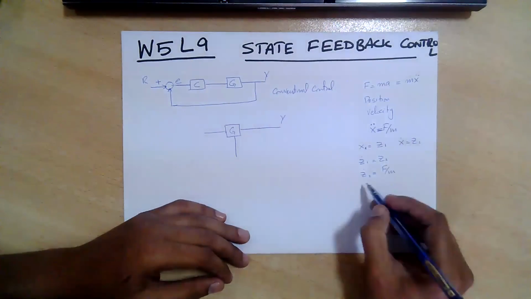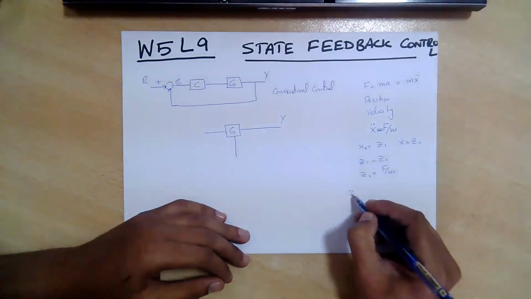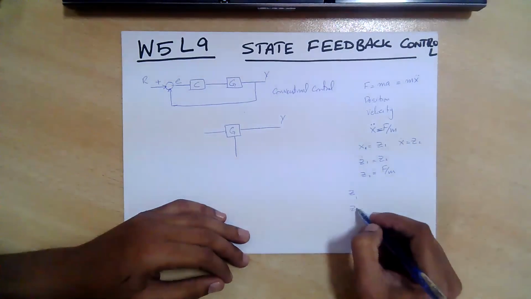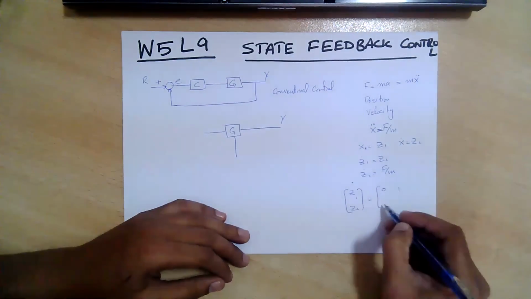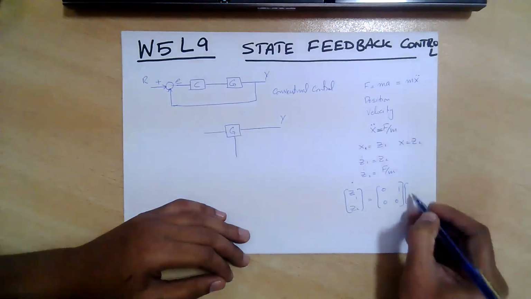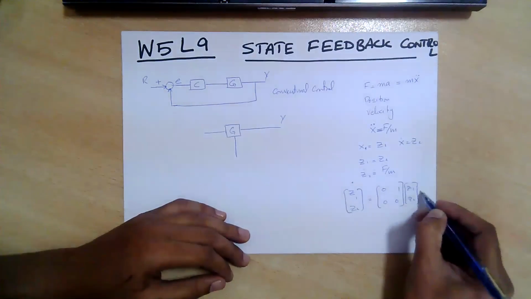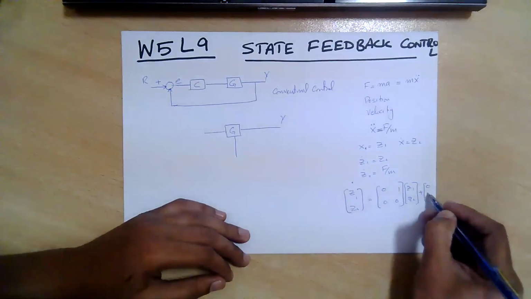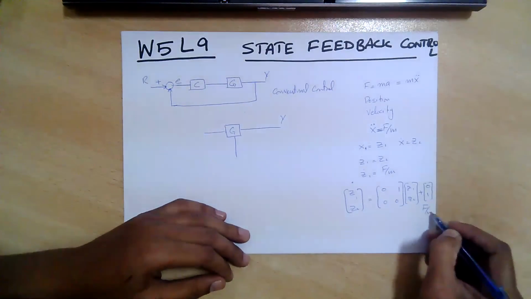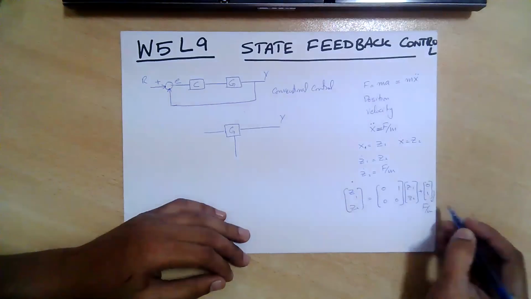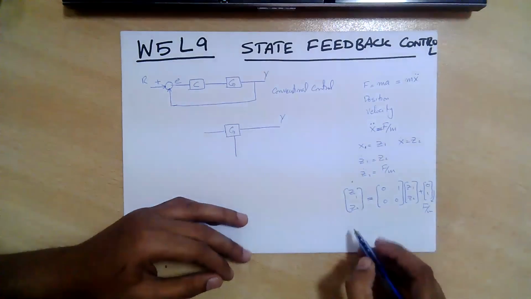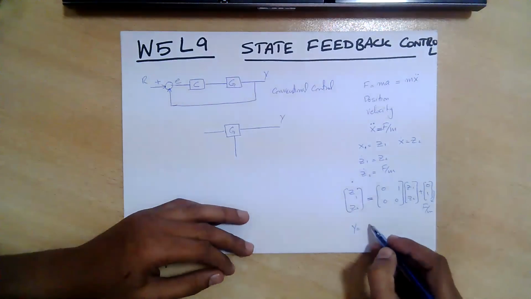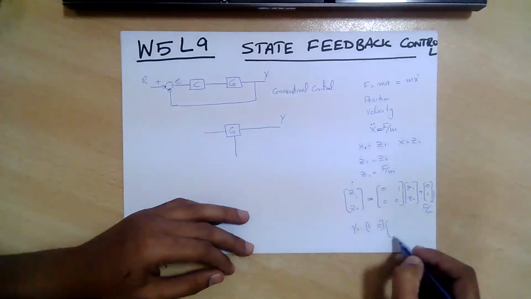And I can write this system like this: [z1 dot, z2 dot] is equal to [0, 1; 0, 0] times [z1, z2] plus [0, 1] times f over m. Right? And if I'm interested in measuring the position only, then y is equal to [1, 0] times [z1, z2].